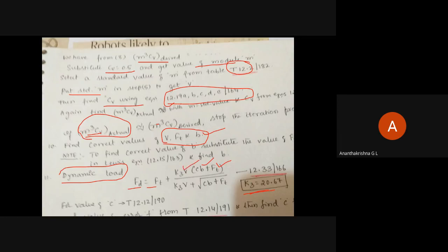This C is called the dynamic factor that is given in table 12.12. So to find the value of C, what we need to do is find the error from table 12.14, okay?